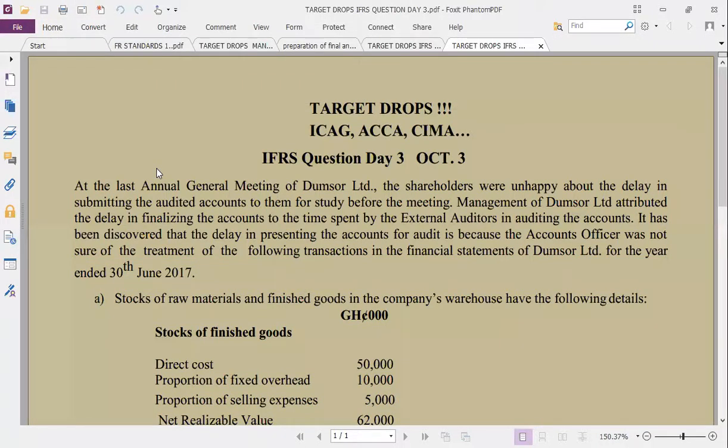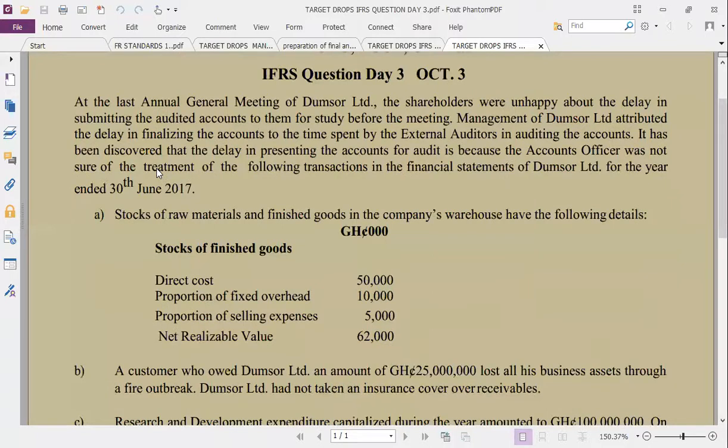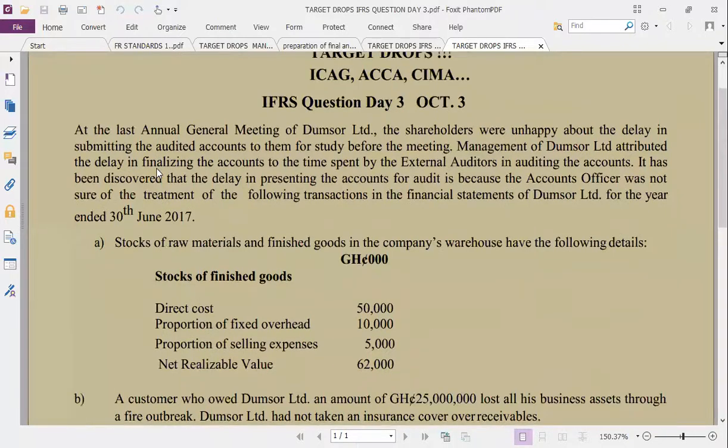Now, it's saying that at the last annual general meeting of Dunso Limited, the shareholders were unhappy about the delay in submitting the audited account to them for study before the meeting.